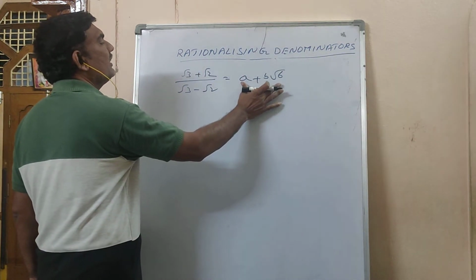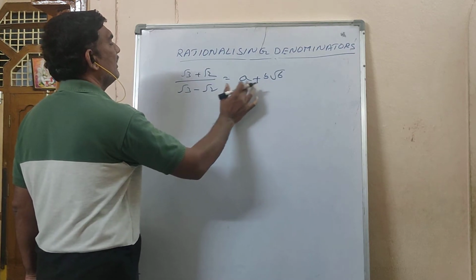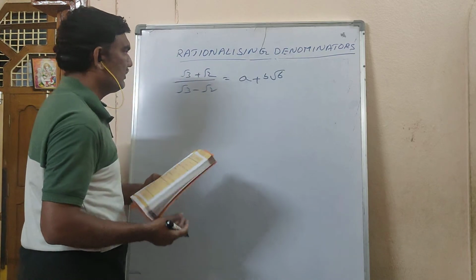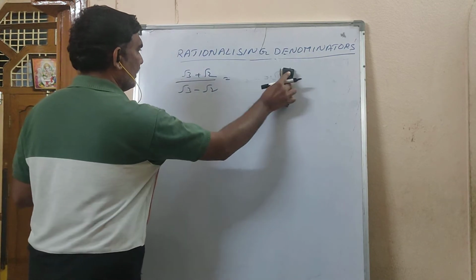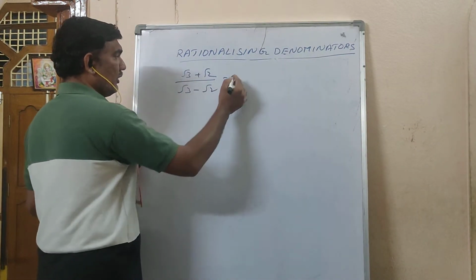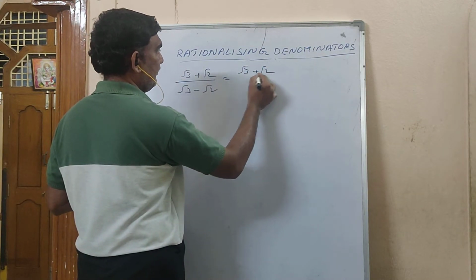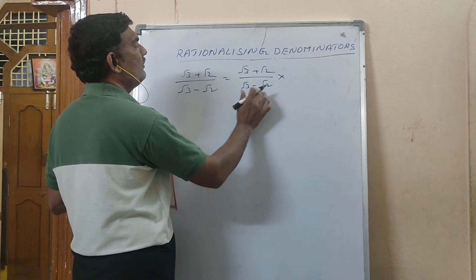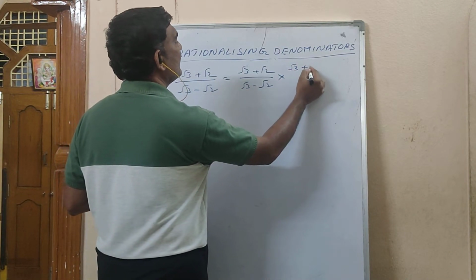Don't fear this one, whatever he has given. Take only this, root 3 plus root 2 by root 3 minus root 2. Leave the 3 out. Now what you have to do is root 3 plus root 2 same, root 3 minus root 2 same. The rationalizing factor of this will differ in the symbol, as I said.